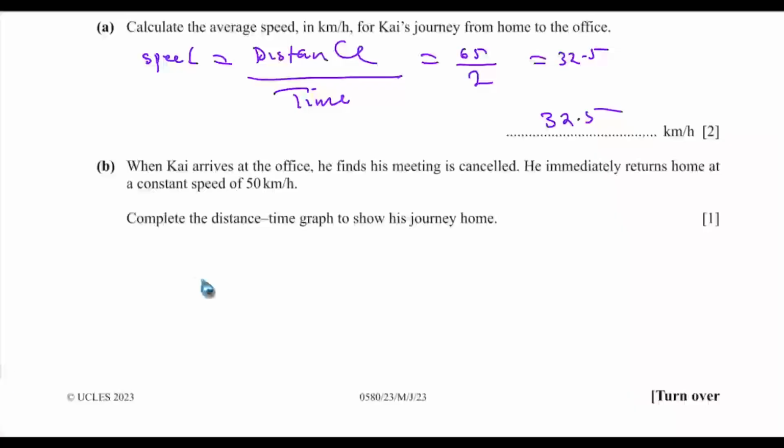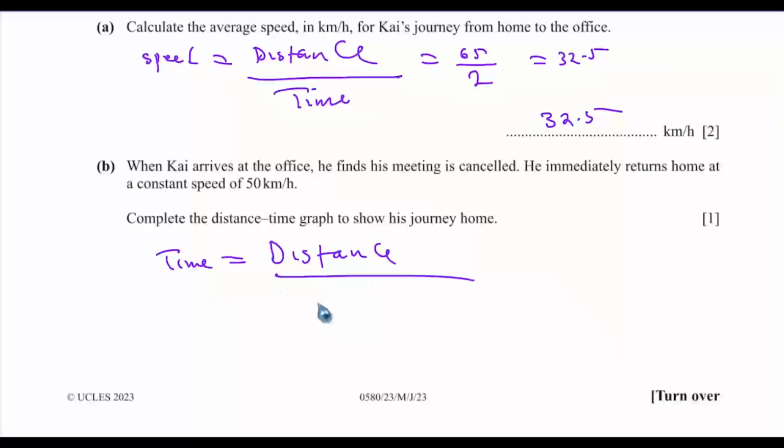So to calculate the time, time is equal to distance over speed. Then the distance is 65 and the speed is 50 kilometers per hour.